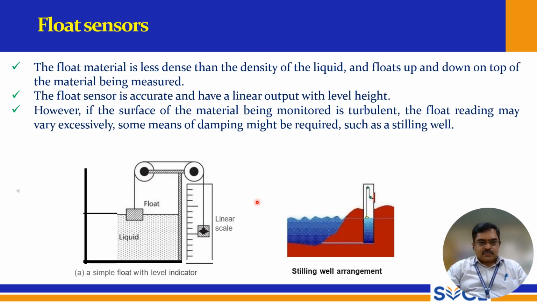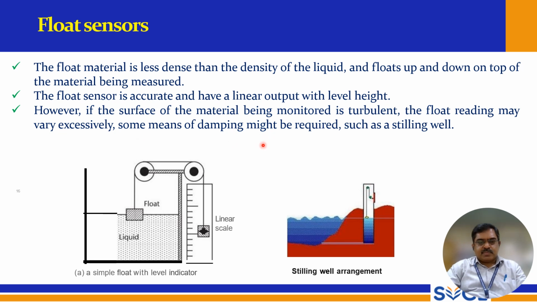Next one is the float sensor. The float material is less dense than the liquid and floats up and down on top of the material being measured. The float sensor is accurate and has a linear output with level height. However, if the surface of the material being monitored is turbulent, the float reading may vary excessively.